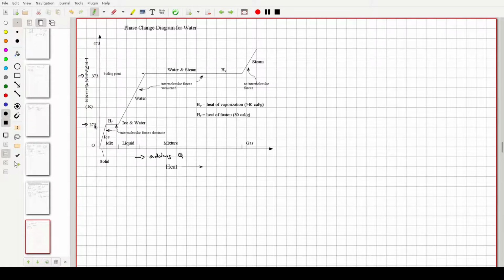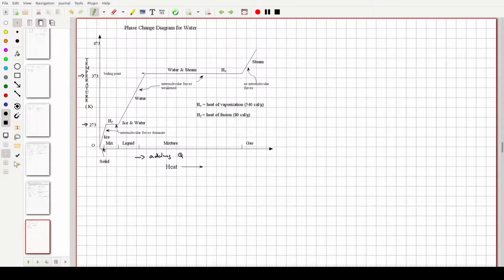So at this point, you're transitioning from one state of matter into another. At 373 Kelvin, that's equivalent to 100 degrees Celsius, water transitions from a liquid to a gas, or if you go the other way, from a gas into a liquid. So in both of these situations, you have a change of state, a change of phase.